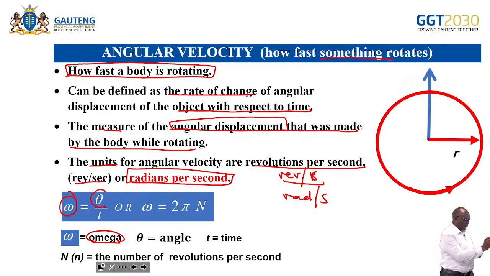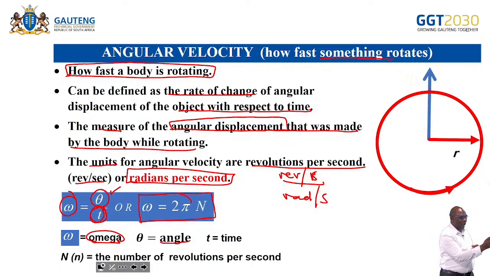The other thing that we have there is our theta, which is an angle, and that angle will be in radians, over t. So this is one formula that we can use. When do we use this formula? When I'm given the angle of rotation, and I'm also given the time that it takes for that object to rotate.